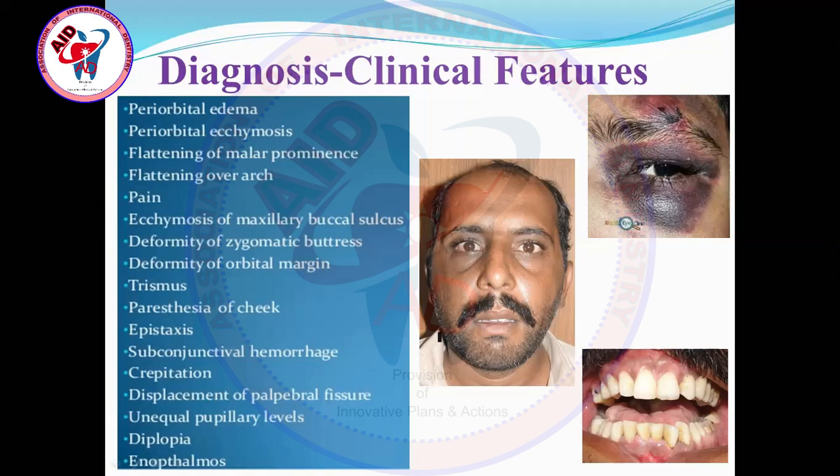Then zygomaticomaxillary complex fracture or zygomatic bone fracture, there could be subconjunctival hemorrhage. Then supraorbital rim fracture, frontal sinus fracture, medial wall of orbit fracture, Le Fort 3 fractures. These are different fractures which may lead to subconjunctival hemorrhage.